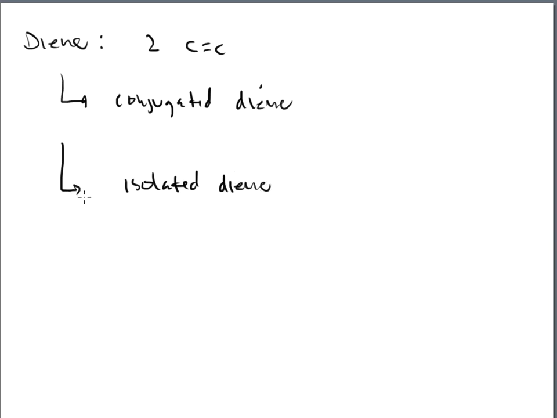All right, so what are the differences here? Well, an isolated diene means that the double bonds are separated by more than one single bond.